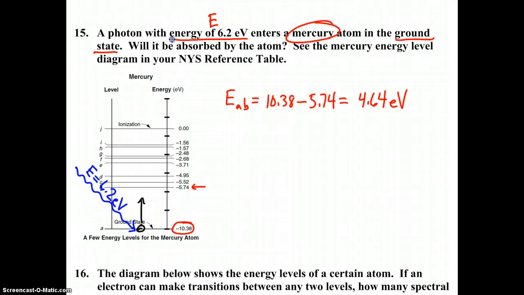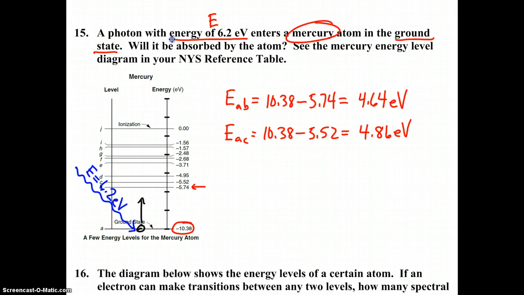All right, what does that mean? Maybe it's to a higher energy level, making the difference greater. Let's check from A to C. 10.38 minus, how much in C? 5.52 equals, pause if you need time to calculate, 4.86 electron volts.